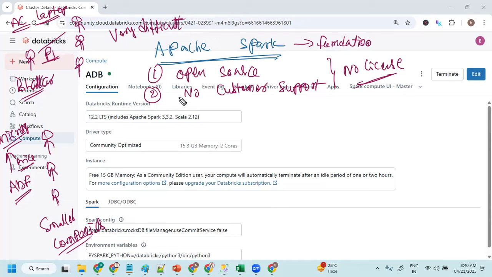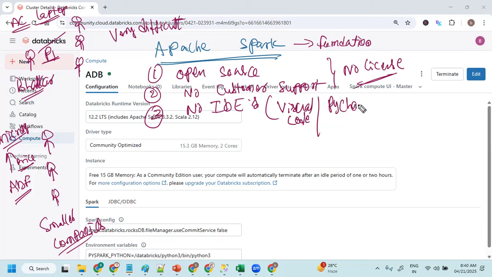And one more thing is, Apache Spark does not have IDEs, integrated development environments. The third limitation is no IDEs. If you want to use Apache Spark, you have to go for Visual Studio Code, which is a third-party tool, or PyCharm or Jupyter notebooks.